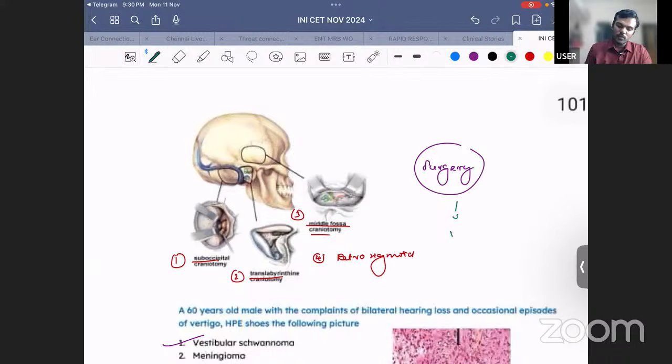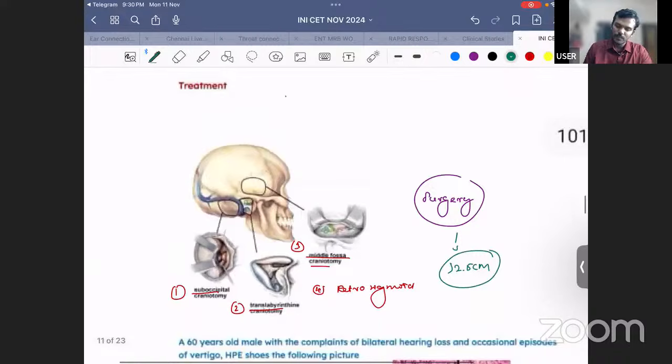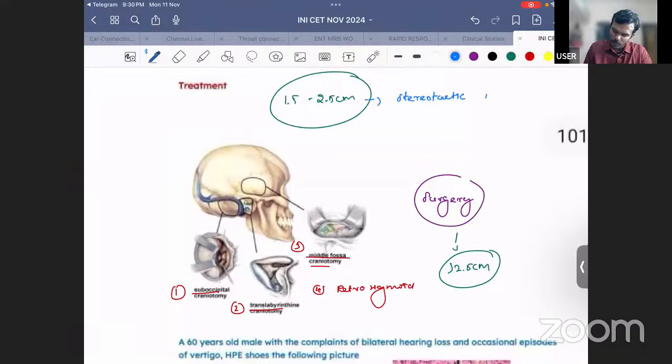If the tumor is 1.5 to 2.5 centimeters, you should try stereotactic radiotherapy.